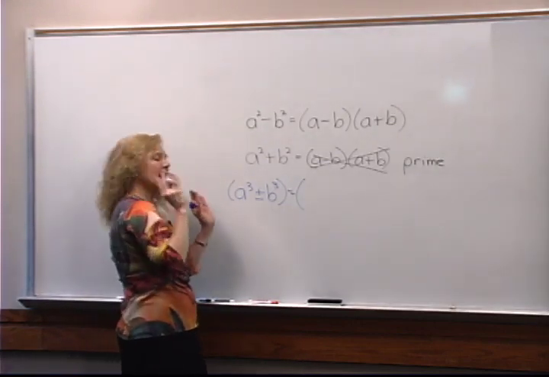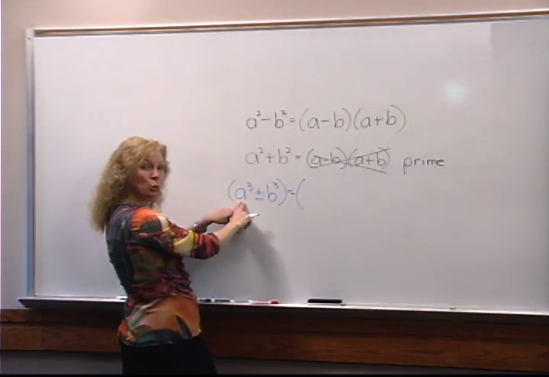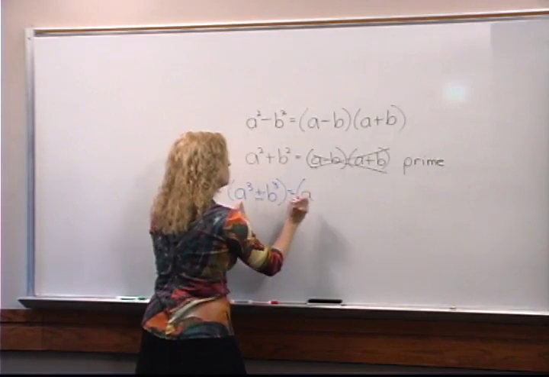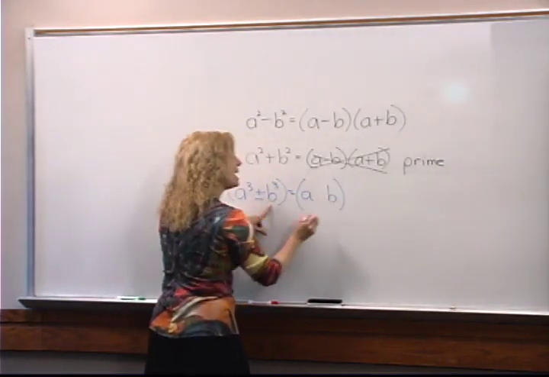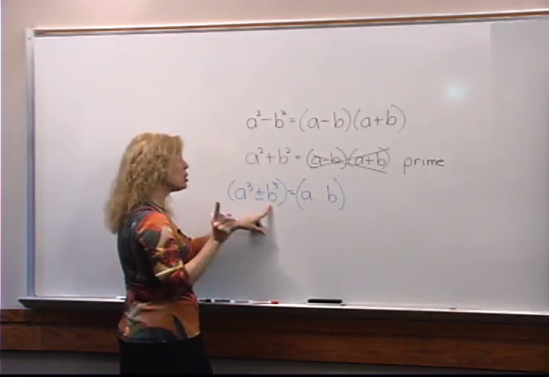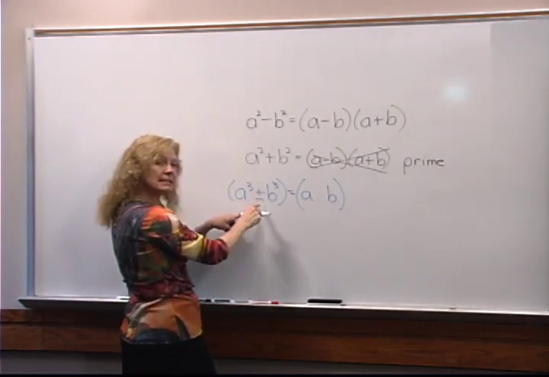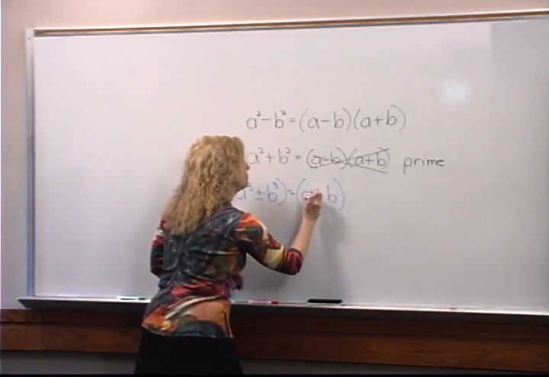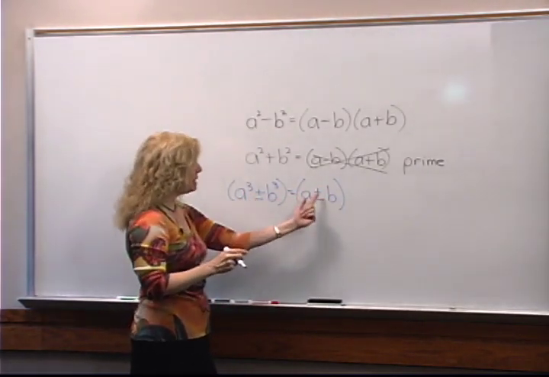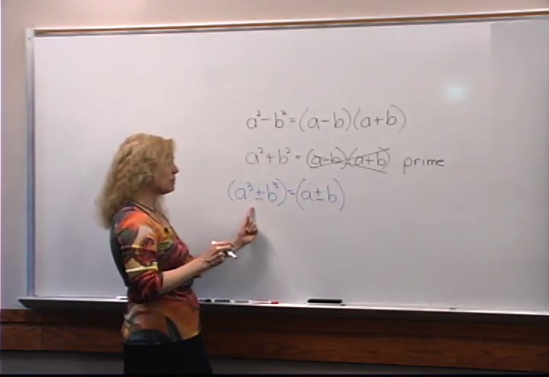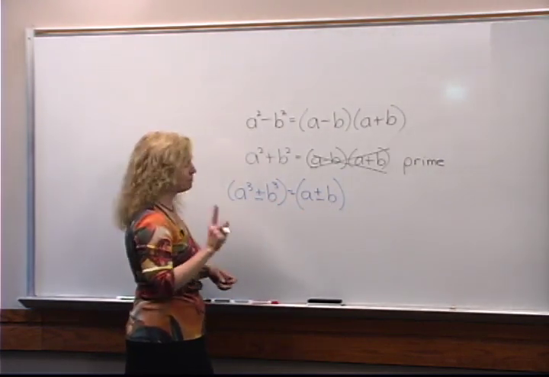In my head, I have what cubed gives me this term, what cubed gives me the second term. And in this binomial factor, my sign stays the same. Meaning that if it's a plus between my cubes, it's a plus. If it's a minus between my cubes, it's a minus.